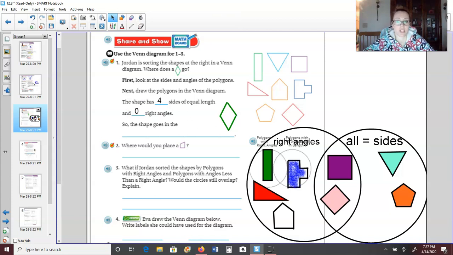So where is this shape going to go if it has all equal sides but 0 right angles? It's going to go on the right-hand side with our blue triangle and our pentagon. Okay, so it will go under polygons with equal sides.